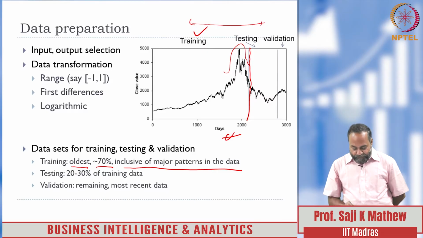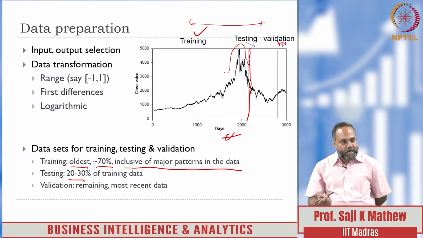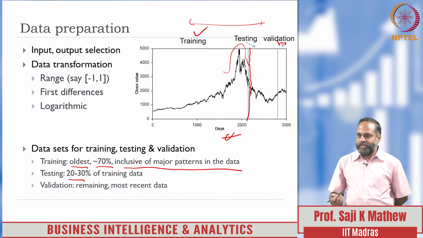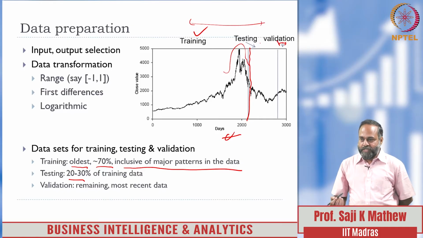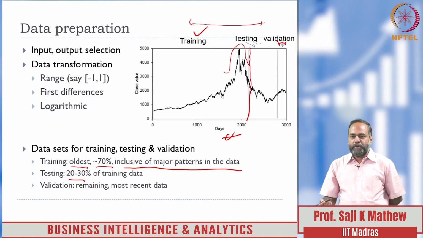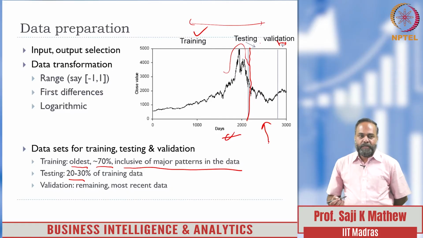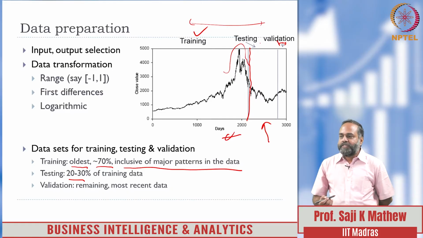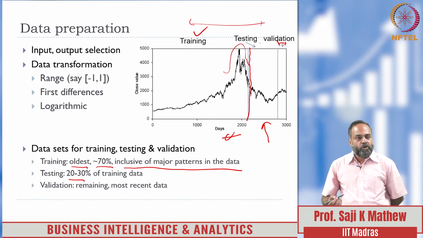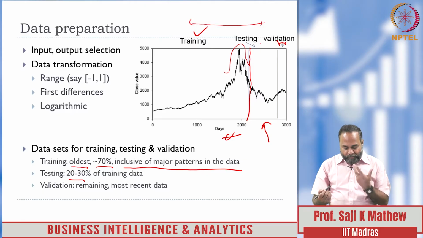And then 20 to 30% for testing, and the most recent data for validating the final model and reporting the prediction error. So that is the validation set. Validation and testing are similar, but in testing you will generate many models. You may generate say 5 or 10 candidate models.